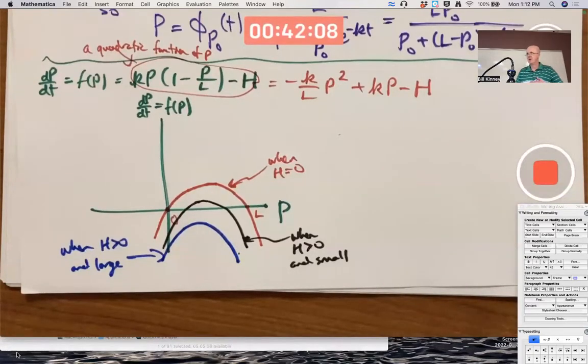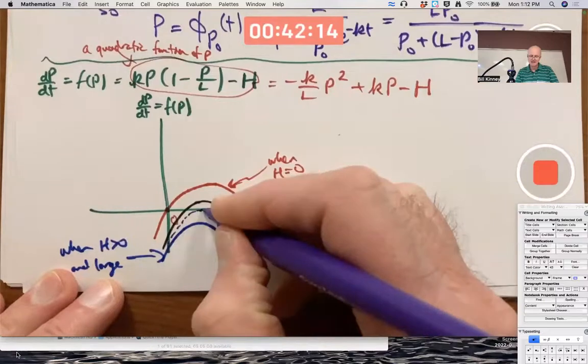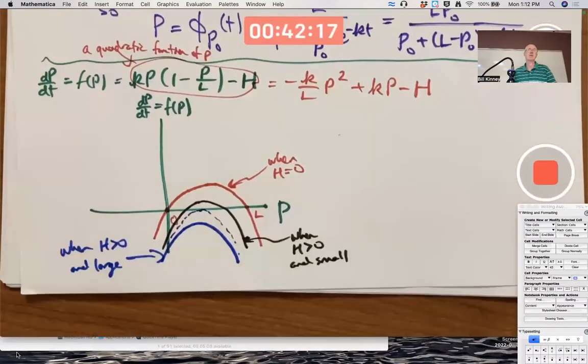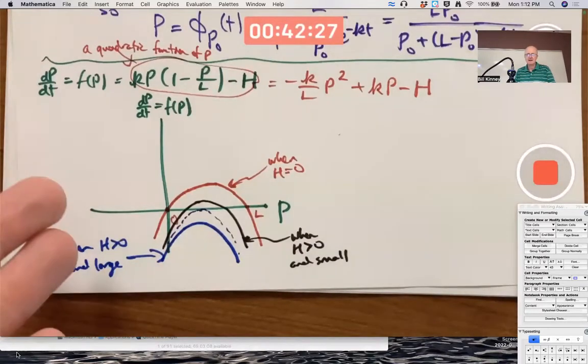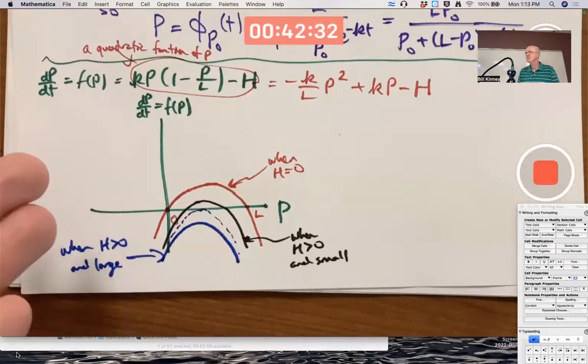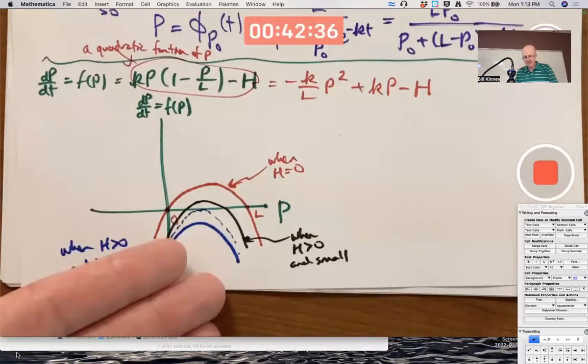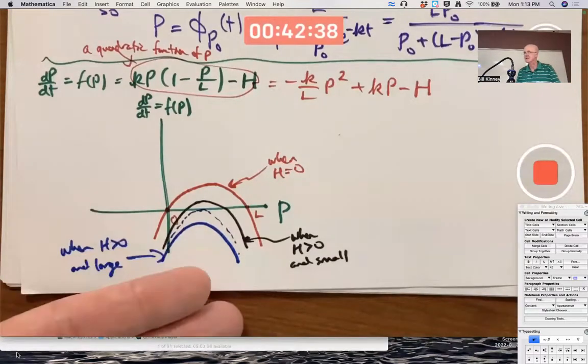How could you figure out what value of h would make it go below the axis? You could figure out the value of h that makes it just touch the axis. If you use the quadratic formula, I won't do that, but if you want a challenge problem, you could figure out what value of h will make it just touch the axis. The answer is going to depend on k and L. When h is bigger than that, it's going to go below the axis.